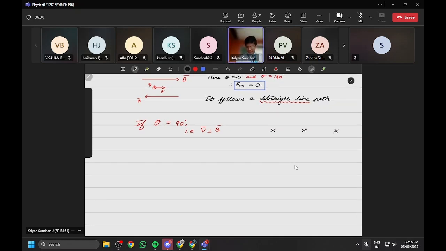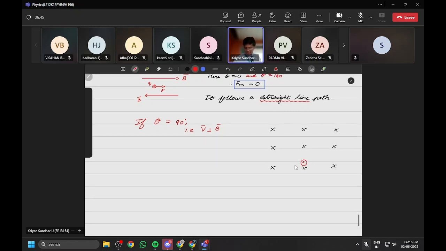This is the magnetic field region. If I put an X, what does it mean? Inward or outward? Good, inward. Now at this point in the inward field I'm going to keep a charge moving with velocity. Let it be Q, a positive charge, moving with velocity V. Now tell me, in which direction will the force be?